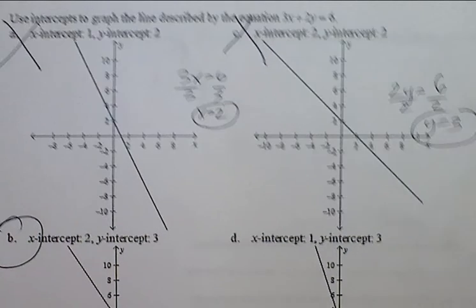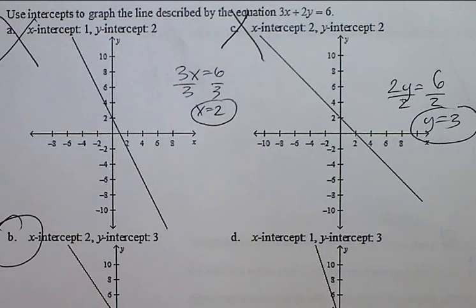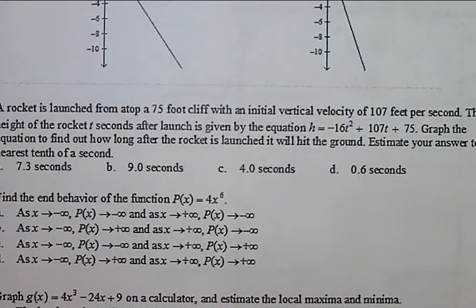Correct option is B, has an x-intercept of 2 and a y-intercept of 3. Please do second plus 7, 1, 2 before we start the next problem.